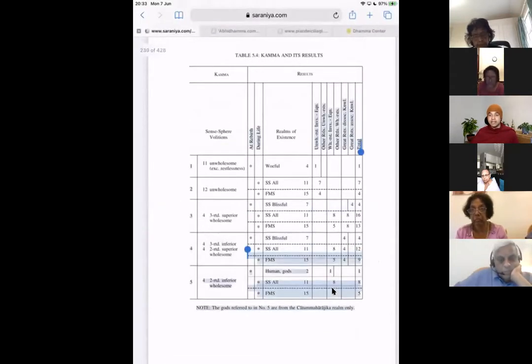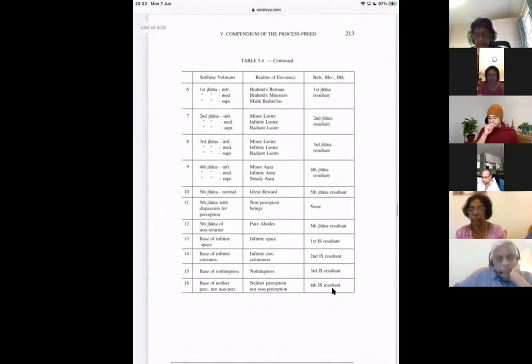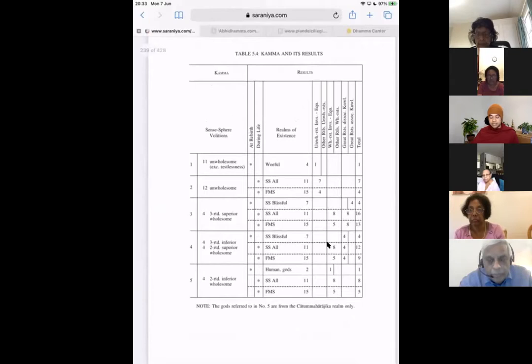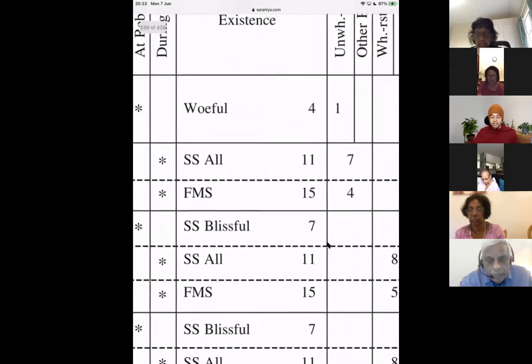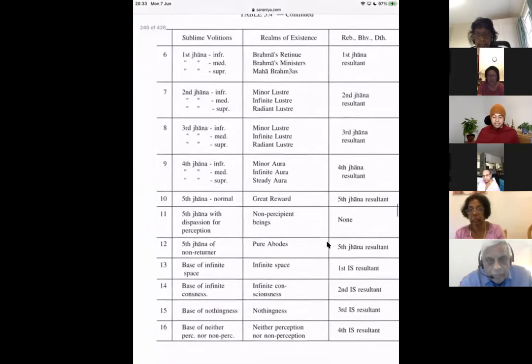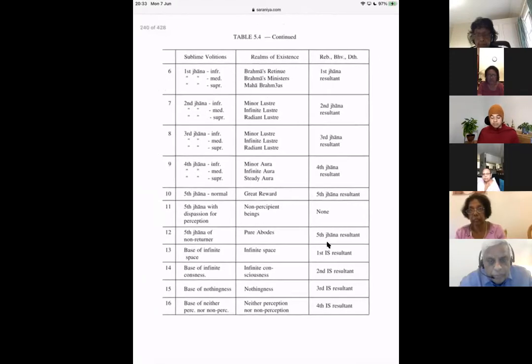When you count the fine material sphere, what goes into it, you find it equating to 15, right?